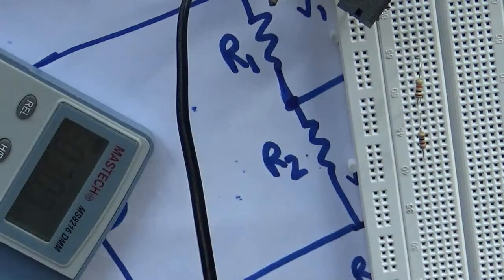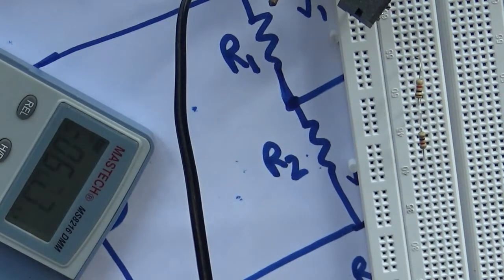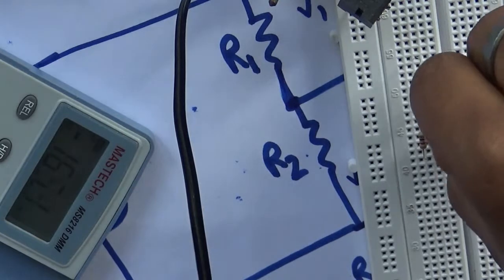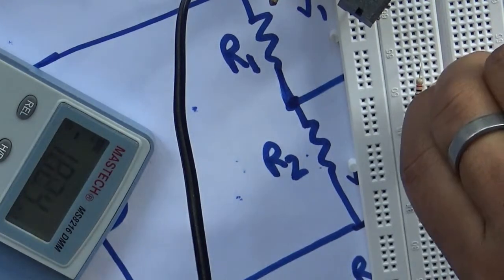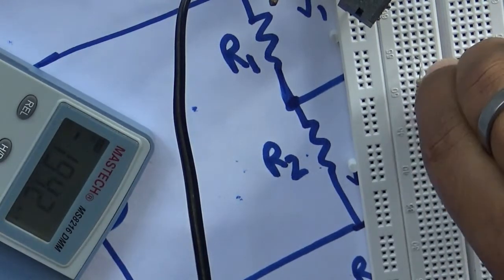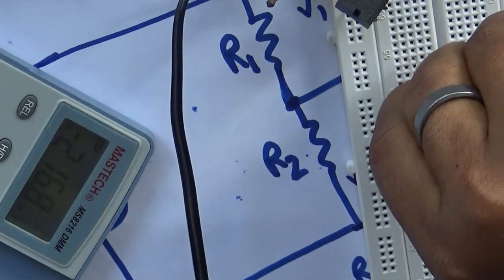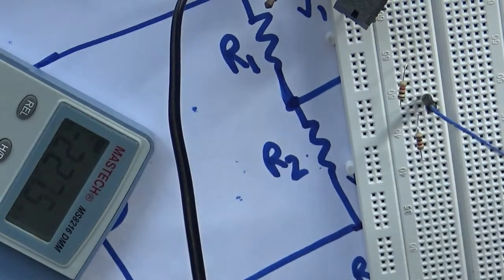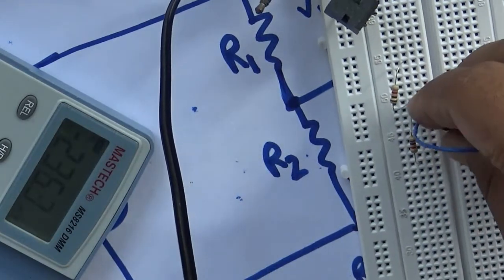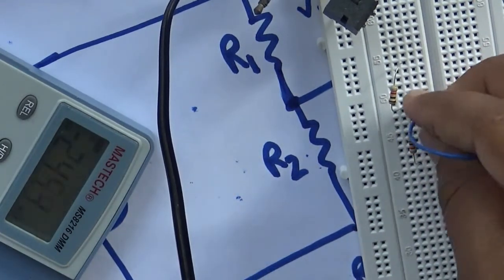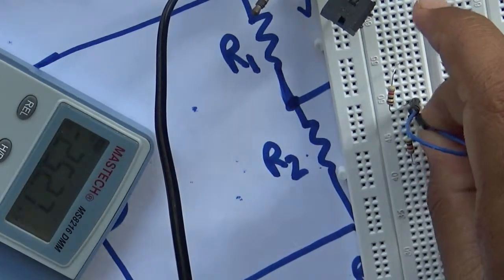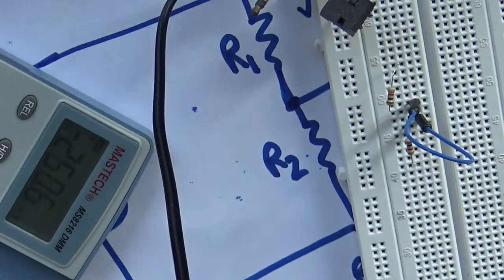I'm just trying to put this voltage here and join it in series. I'm showing you how a voltage divider can work.